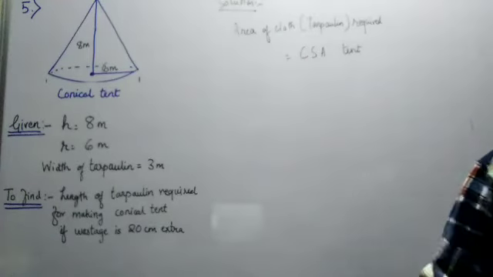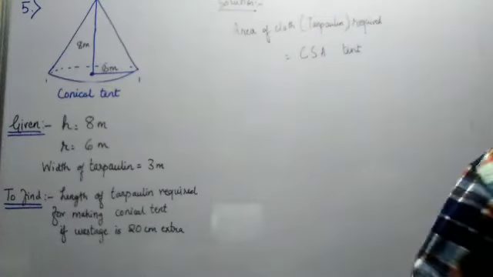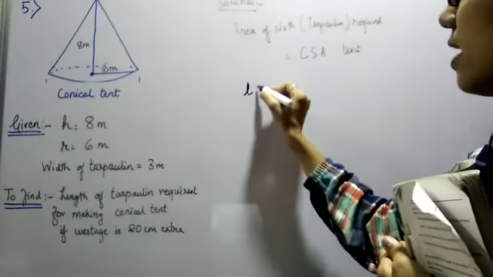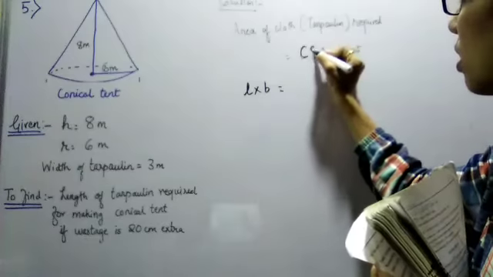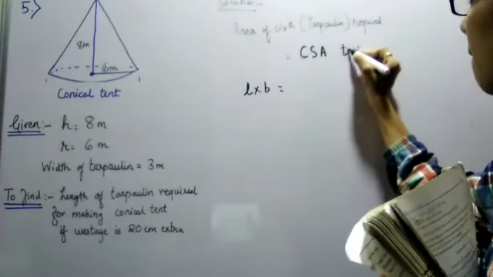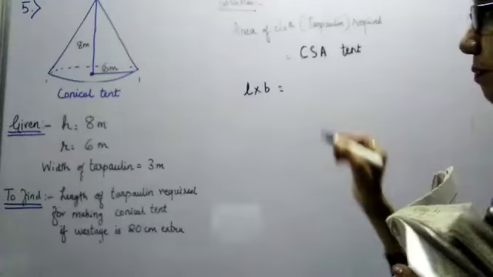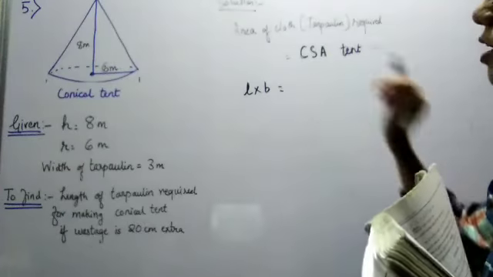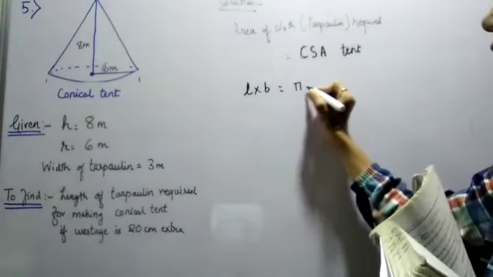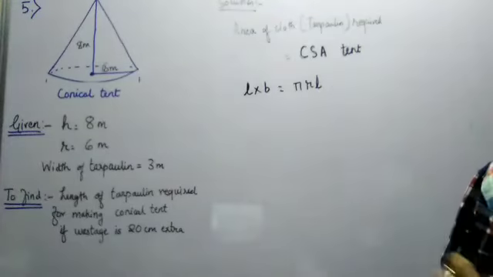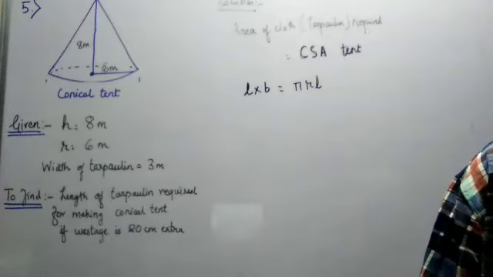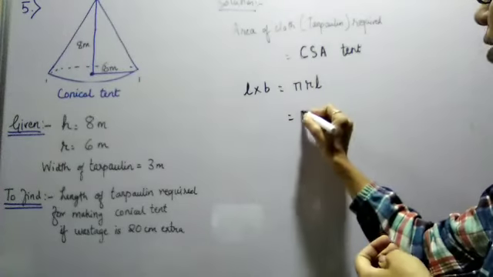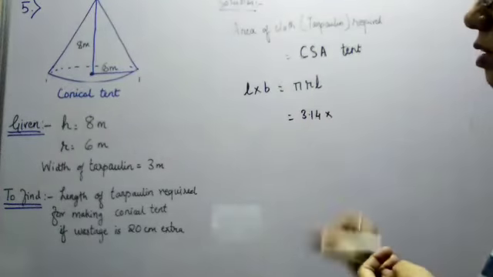Now the cloth is rectangular in shape, so the area of a rectangle is length into breadth. And the curved surface area of the tent is pi r L. Here it is already mentioned that the value of pi which we have to take is 3.14. So let us put 3.14.